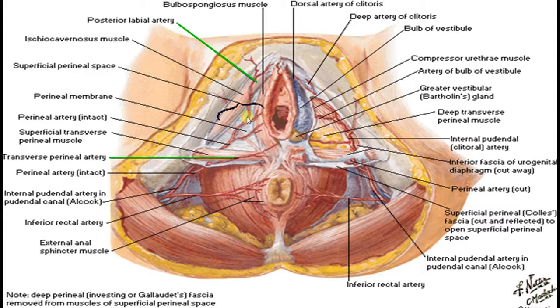The next one is the transverse perineal artery, which is coming from the pudendal artery. Then the artery to the bulb of the vestibule. Then the terminal branches, deep artery and dorsal artery of the clitoris. So these are the terminal branches of the internal pudendal artery.